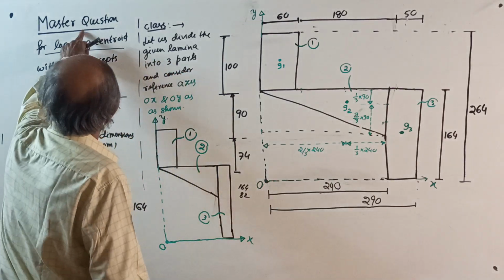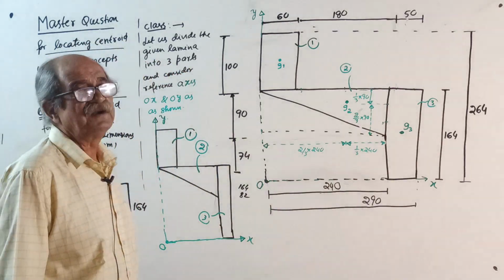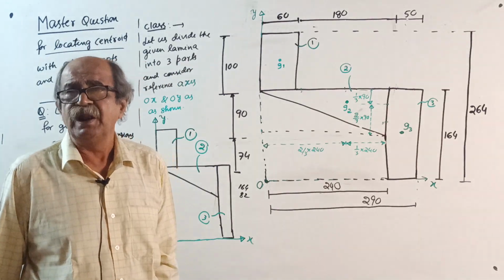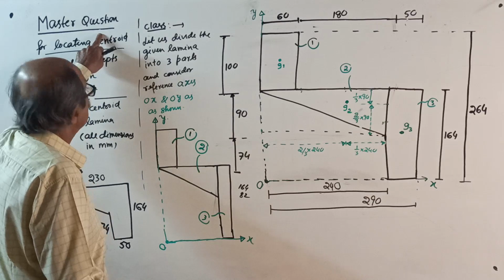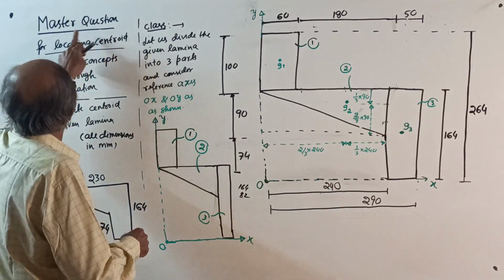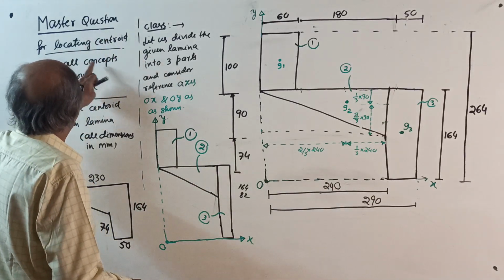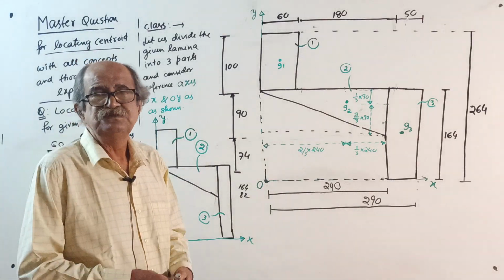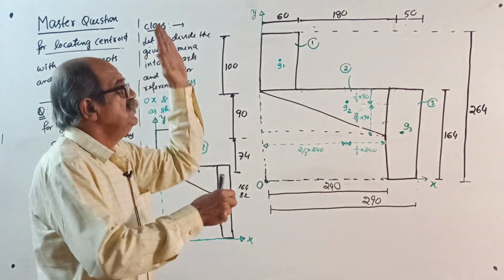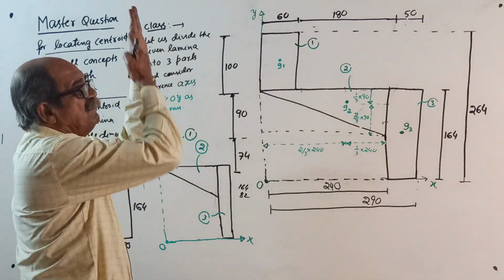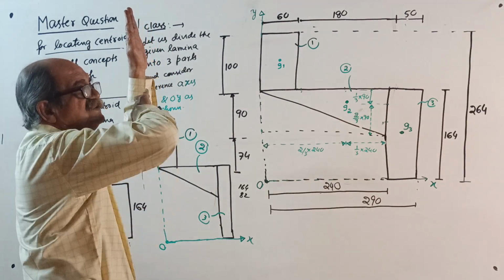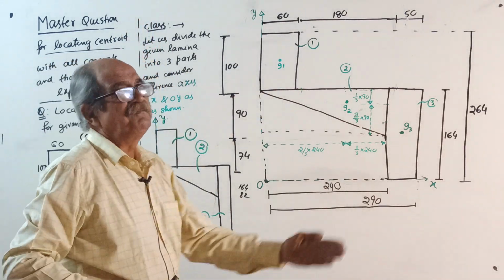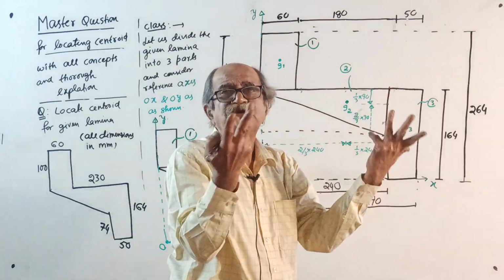Today we are going to start examples. Question number 1. But in today's class, no question number. This is a master question for locating the centroid with all concepts and thorough explanation. The reason I will tell you. When you find x bar, you can either find x bar from the left extreme vertical edge this way, or from that side, your choice.